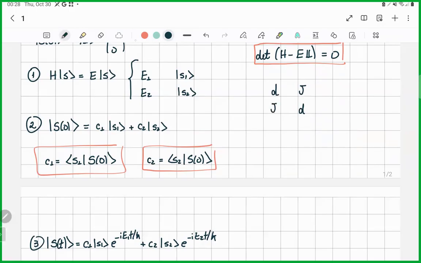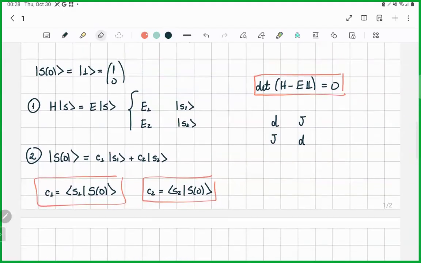And we are also subtracting the energy multiplied by this identity. So this matrix that we are writing here is this. When I subtract my Hamiltonian by this matrix, I have here minus E, minus E. And the notation for the determinant is this, equal to 0. That's what we need to solve to find our eigenvalues.